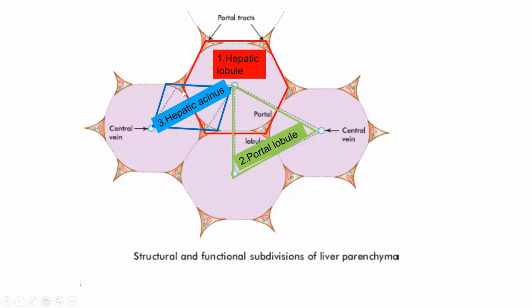It is a diamond-shaped area of two adjacent classic liver lobules. The corners of the diamond are formed by the central veins and portal tracts with distributing vessels in the center.